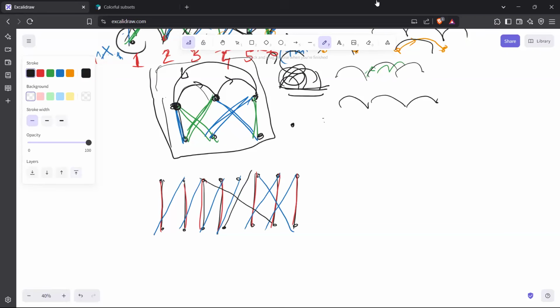Is it okay now? Yeah, good. So this graph is just random. Okay, let's just draw the vertices. Oh wait, I colored blue already. So let's go from red to blue.